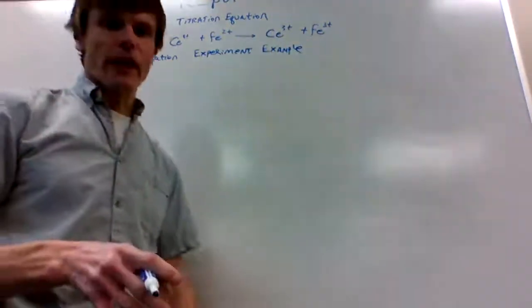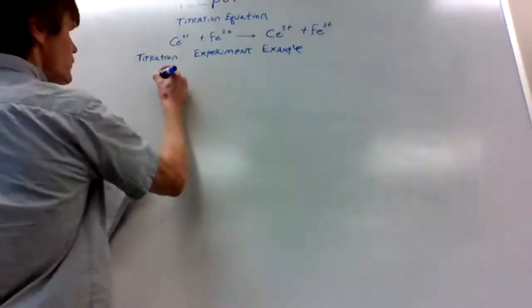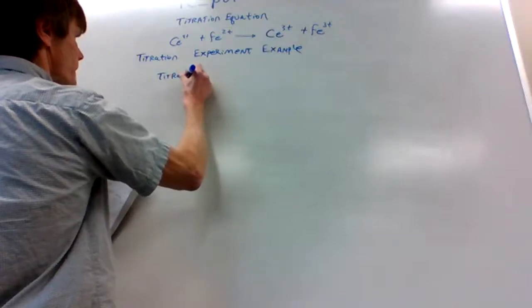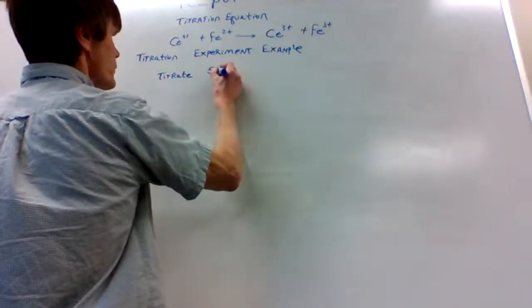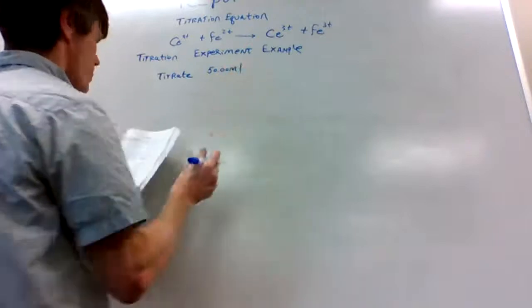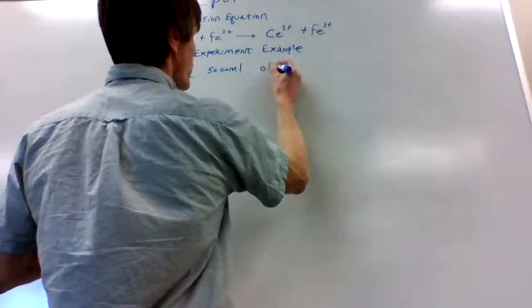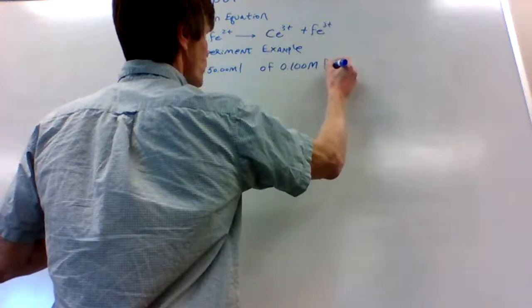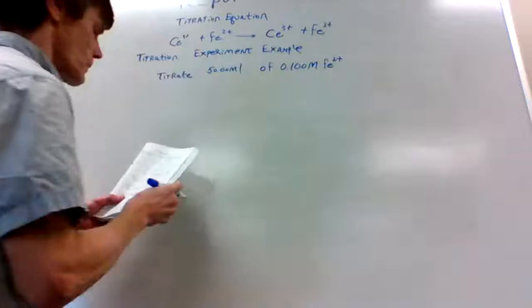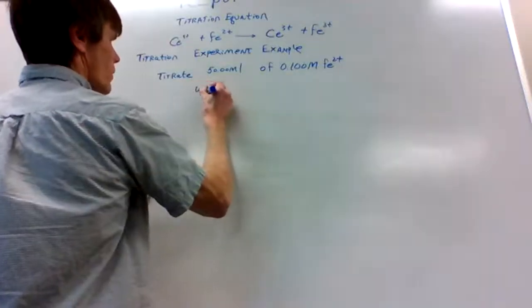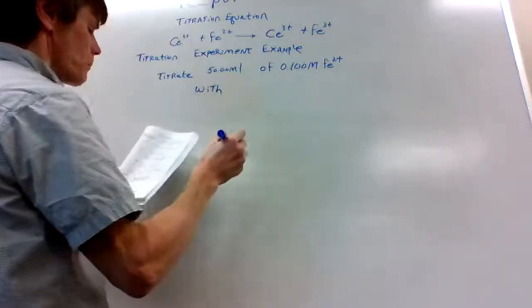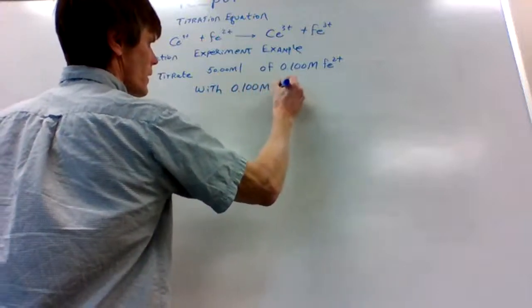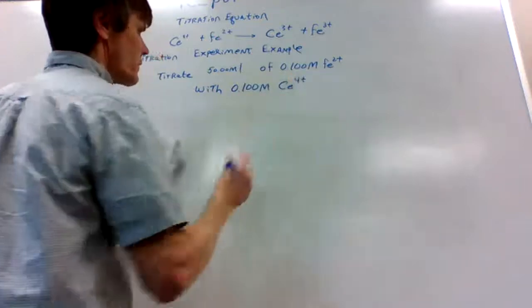So in this example, we're going to titrate 50 milliliters of a 0.1 molar iron 2 positive with 0.1 molar of our ceric 4 positive.